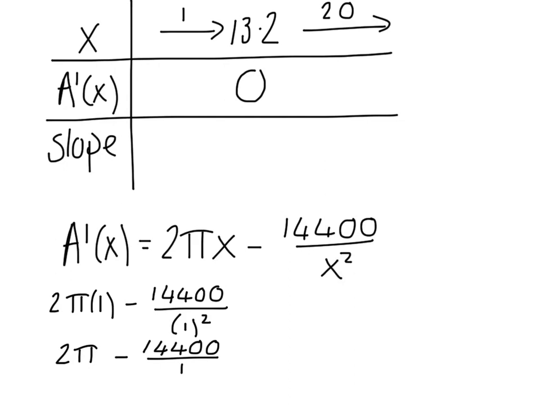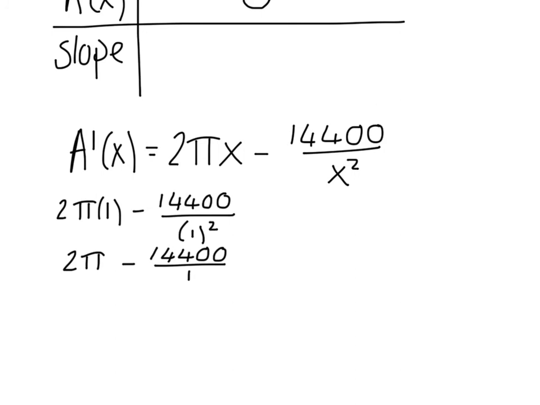Now, we don't actually need to work that out to realise that that's going to be negative, because it's going to be 2π take away 14,400. So quite clearly 2π take away that will be negative, which means we can fill that in on our nature table.